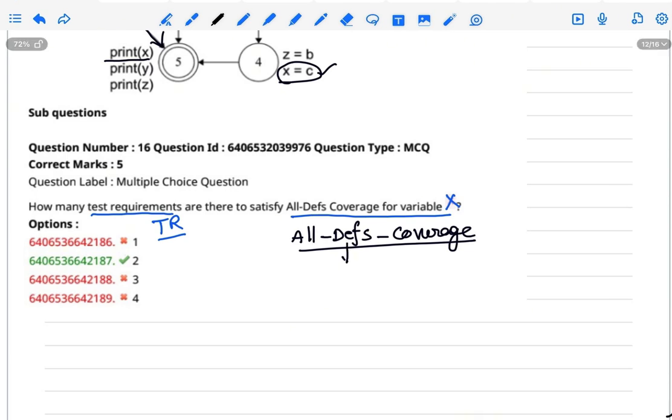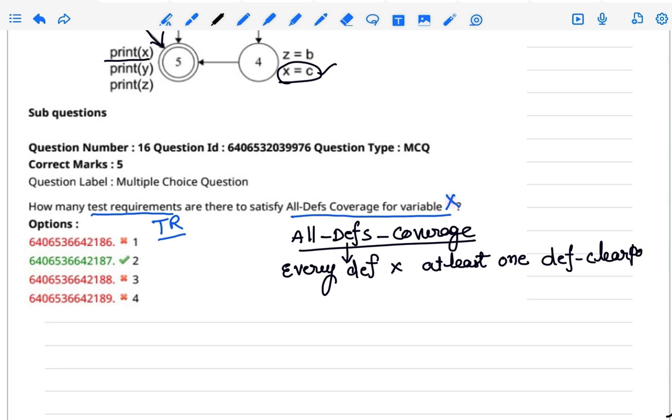All defs coverage means that for every definition of the variable x, there is at least one def-clear path from the definition to one use.